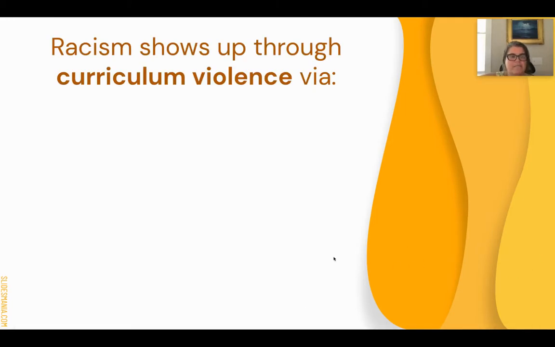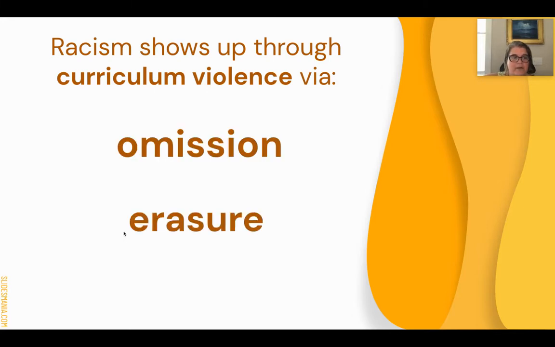So, racism in curriculum shows up as educational violence through omission, erasure, and dismissal. We have in many of our learning spaces the omission of truthful histories, the erasure of peoples, and the dismissal of the funds of knowledge, the languages and cultures our students bring with them into our learning spaces.